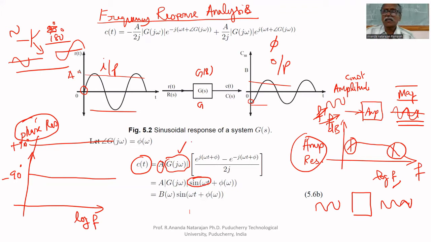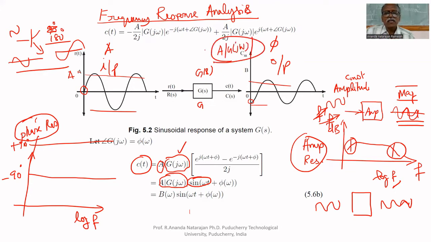If it is a linear system, there won't be any change in frequency. The amplitude is modified by A times G(j omega). The input signal amplitude is A, but the output signal amplitude is A times the modulus of G(j omega).